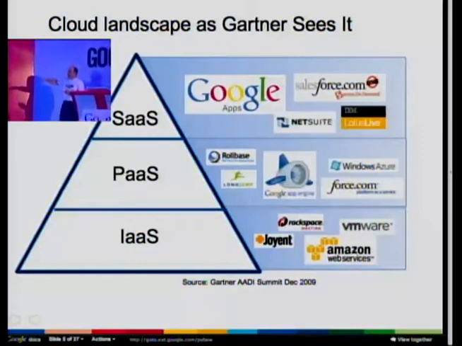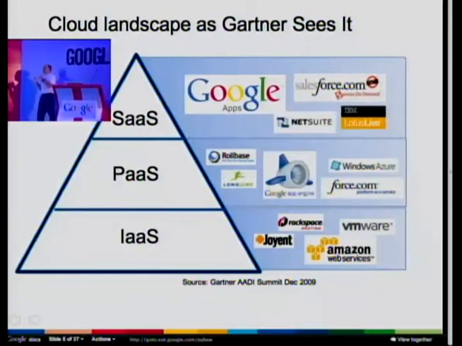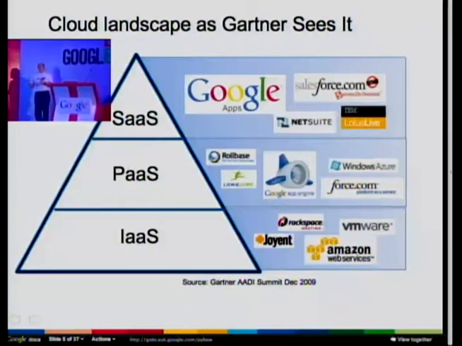And then if you drop down, you're actually using a platform as a service. These are development platforms as a service. And Gartner has identified App Engine correctly as an application development platform that you can use to build applications in the cloud. I would say the middle area is the most diverse.